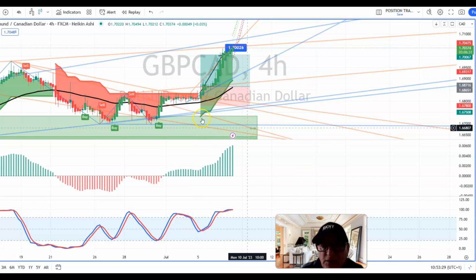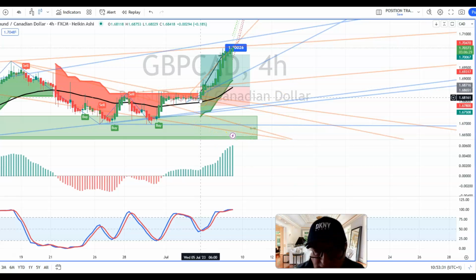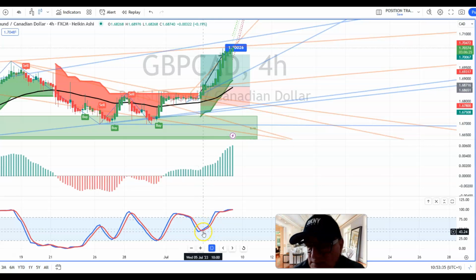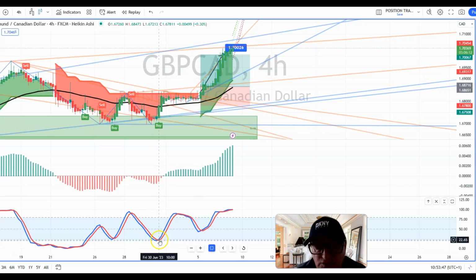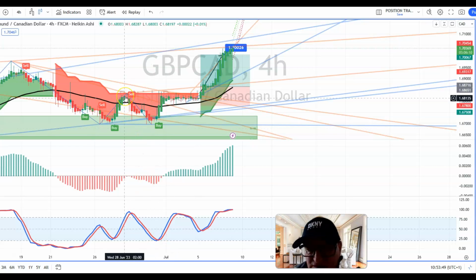So in this instance, notice here at the point of entry, the stochastic is in neutral, and that's really important. If you buy here, you're going to have to put up with a bit of pain, and you have to have a wider stop. If you buy here, that's a better entry. If you buy here, that's a worse entry.